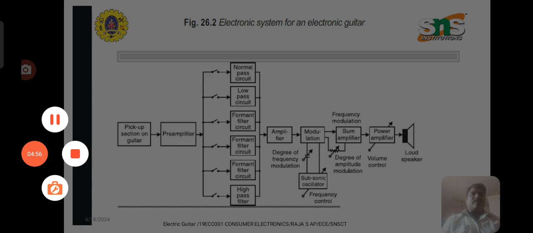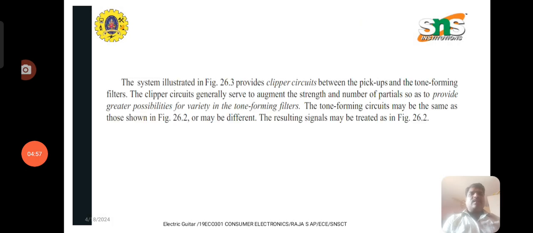The previous figure illustrates the clipper circuits between the pickups and the tone forming filters. The clipper circuits generally serve to augment the strength and number of partials so as to provide greater possibilities for variety in the tone forming filters. The tone forming circuits may be the same or may be different.